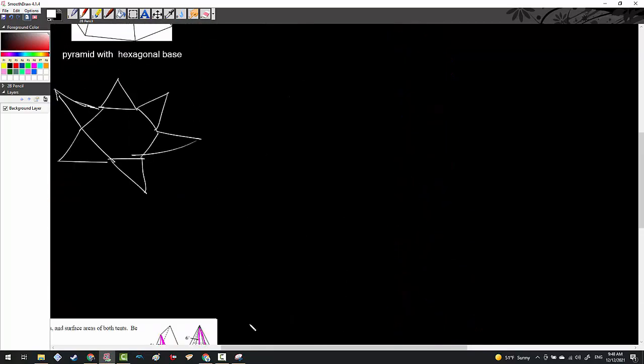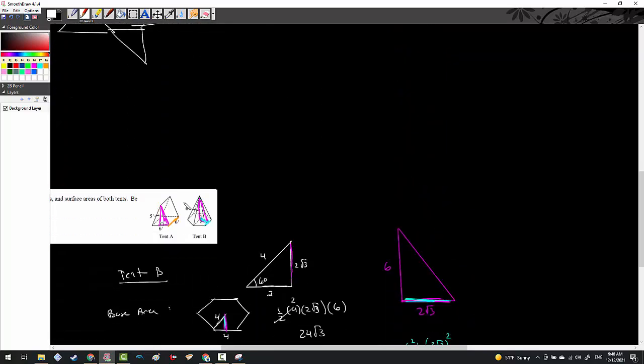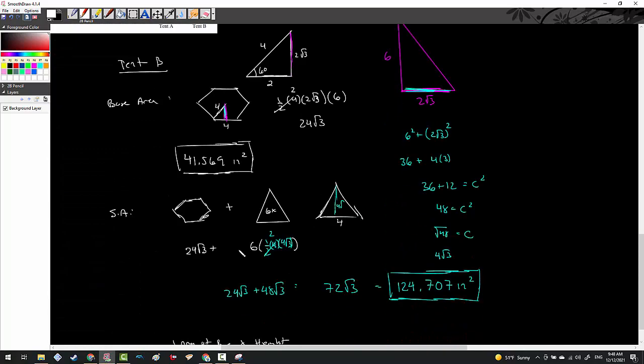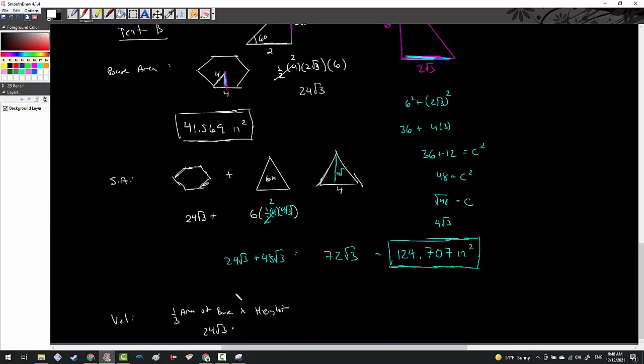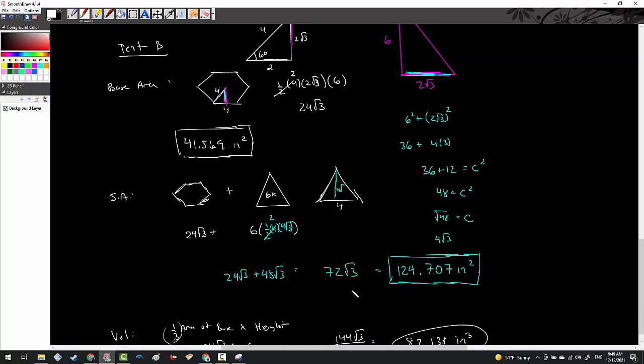That's the height of tent B. So that's going to be times 6, which gets us 144 root 3, but I'm taking 1/3 of that, so I'll divide the whole thing by 3. Looks like I'm going to get 83.138 inches cubed.